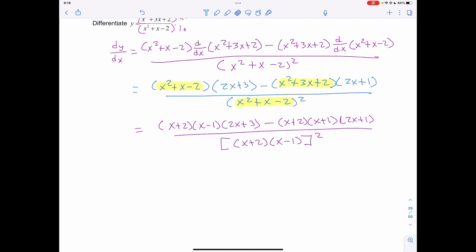Well, I have a common factor here, here, and here. Now I just have to be careful because the bottom is squared. I actually have two x plus 2's, which means that when I factor this, I really have x minus 1 squared and x plus 2 squared, so when I remove the common factor, I'm just taking away one of them.